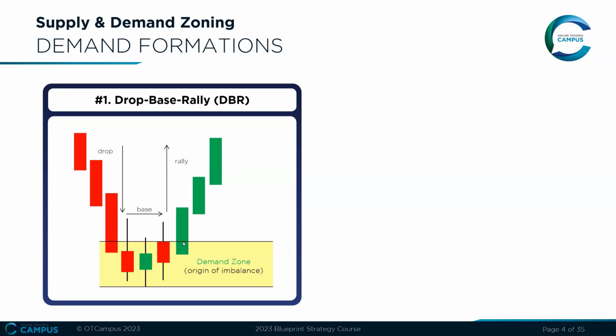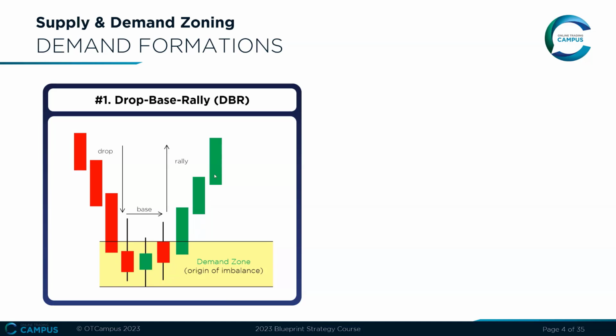What we'll be able to find within the base, where price was balanced before, is the origin of imbalance. Now, balance leads to an imbalance as we see price moving from basing candles to a rallying state.